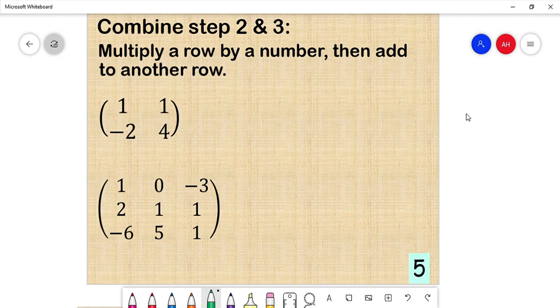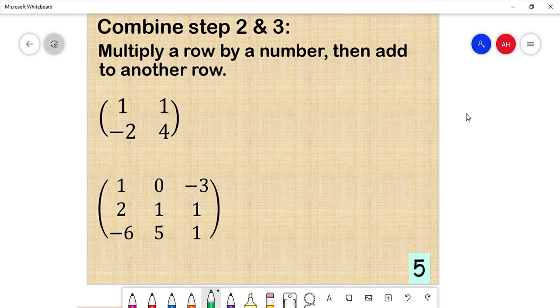Step number 2 says that we can multiply a row by a number. Step number 3 says that we can add any two rows. So if we combine them, we multiply a row by a number and then add it to another row.